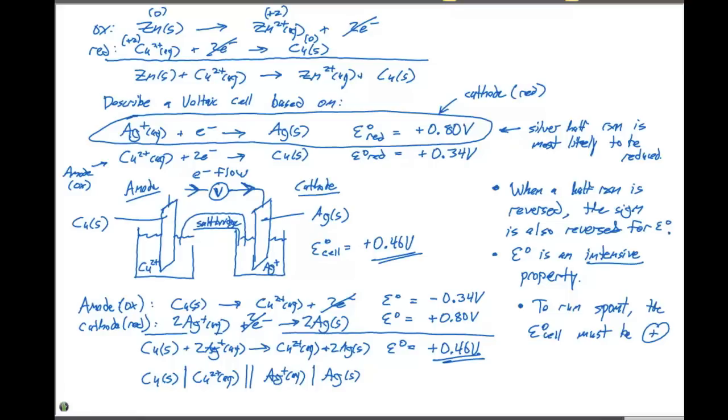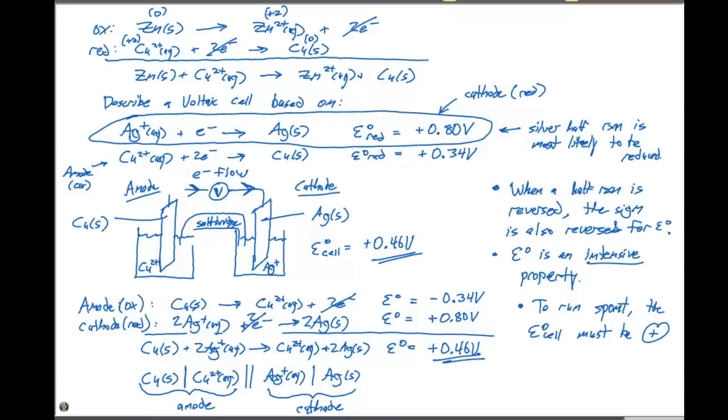And what this is going to tell us, on the left-hand side of this notation, we have the anode. So our copper is being oxidized to copper 2 plus. And on the right-hand side, we have the cathode. So you should be able to go from this notation to everything we talked about up here, or be given all of these schematics and then write this down in the shorthand notation.